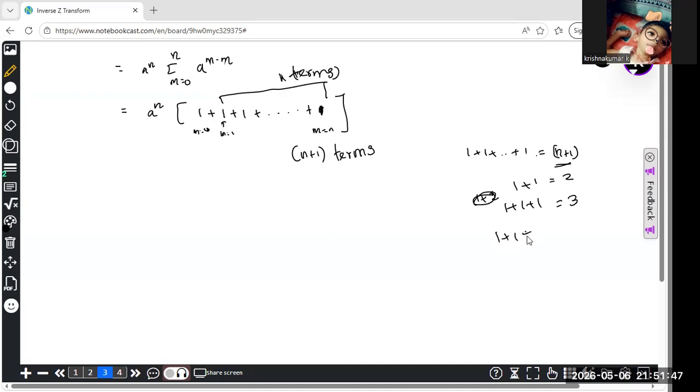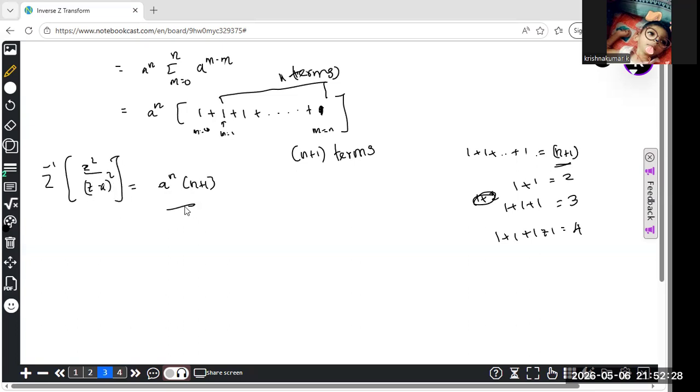Similarly, if you have 4 ones, this will be equal to 4. Therefore, the sum of n plus 1 terms of 1 is n plus 1 only. You just use this idea. If you have ones 5 times, you get 5. So here we have 1 in the n plus 1 times, therefore the sum of this expression will be equal to n plus 1. So this a power n into n plus 1 is the inverse Z transform of this Z square divided by Z minus A whole square.